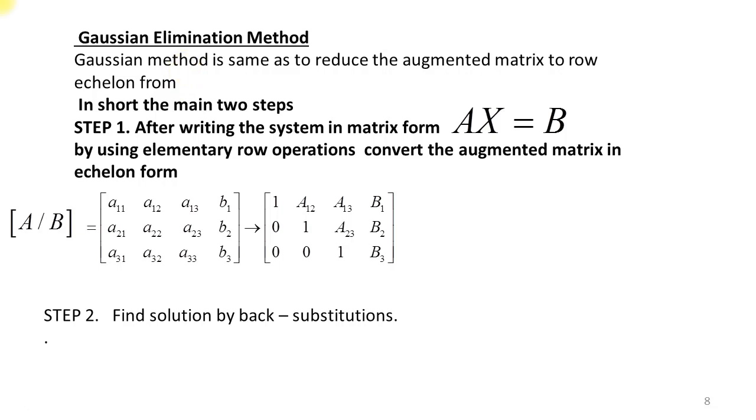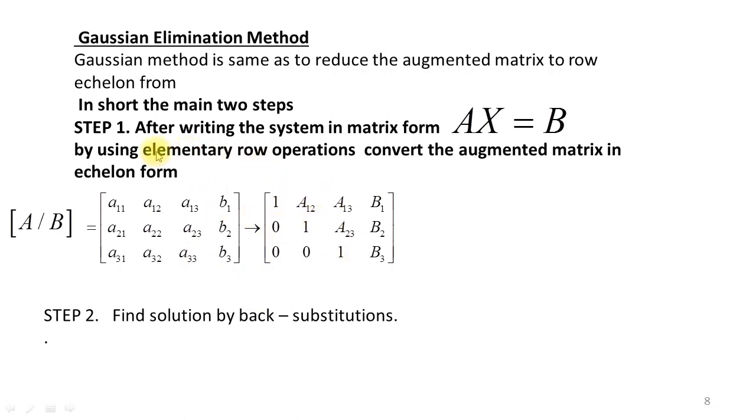And at the second stage, find the solution of the system, which we obtain from the echelon form, by using back substitution. This is the augmented matrix and this is the echelon form.